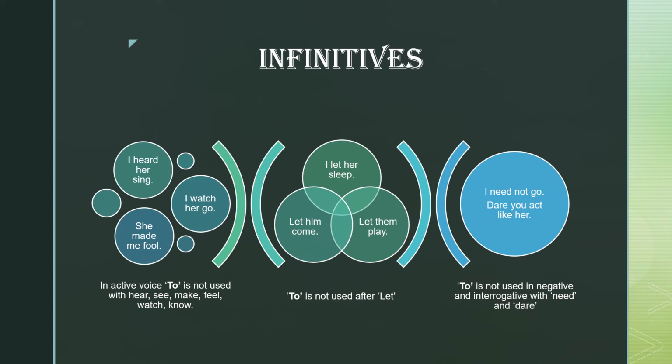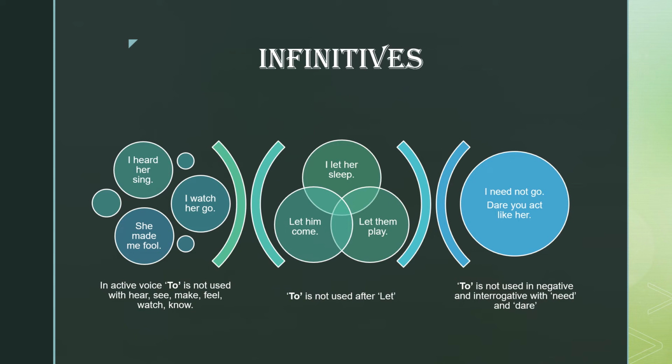And to is not used in negative and interrogative forms with need and dare. Negative means a negative meaning, interrogative means a question-asking sentence. So to is not used with negative need or dare. I need not go. If you use the word need in a positive way, I need to go, you will use to.